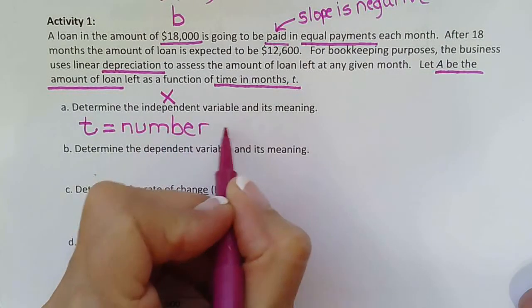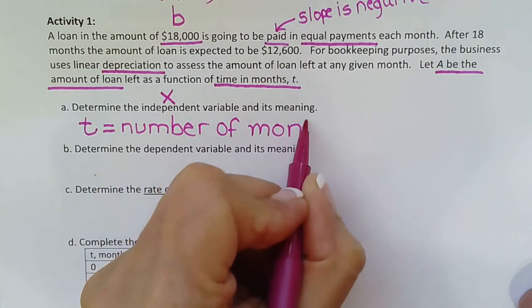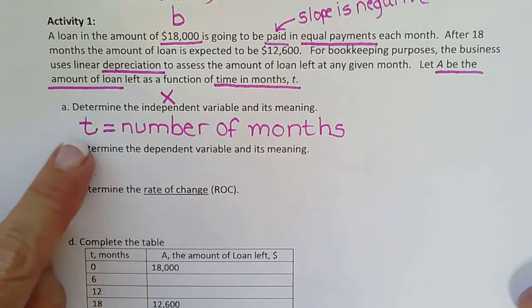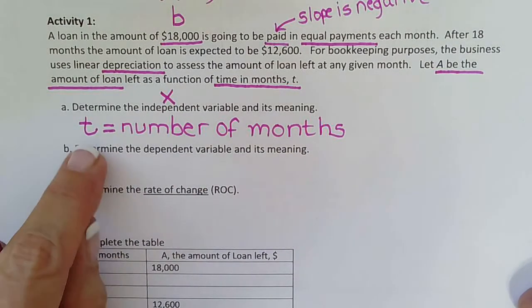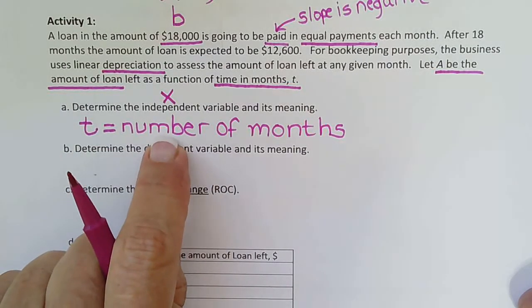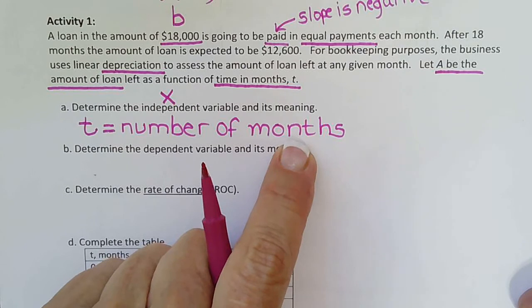You don't have to make up any of this when they ask you about variables. It will all be in the reading. Remember how I said you have to have 3 parts to every variable statement. What letter are you using? What is it? It's the number. What are the units? It's in months, not years, not weeks, but months.